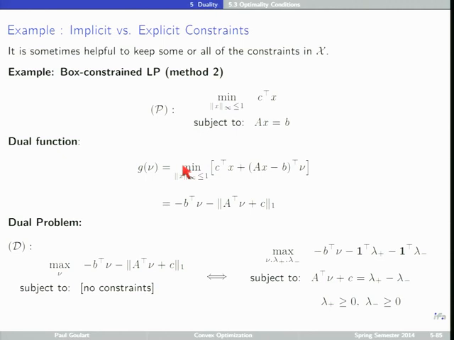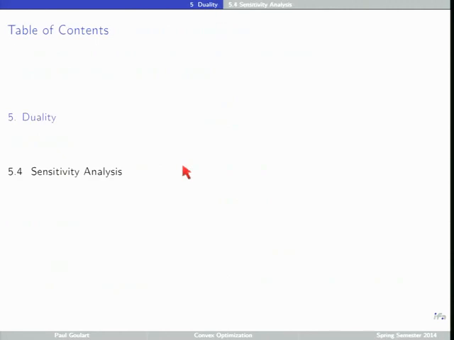Okay, so now we come to the last bit, which is something about sensitivity. So I said to you that if I want to solve my convex problem, what I can do is I can just write down the KKT conditions, and I solve them. I get x star, I get lambda star and nu star.